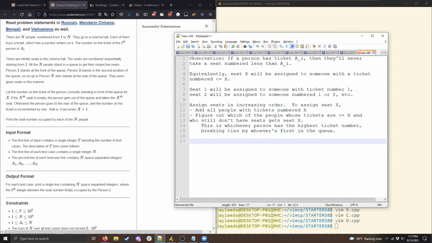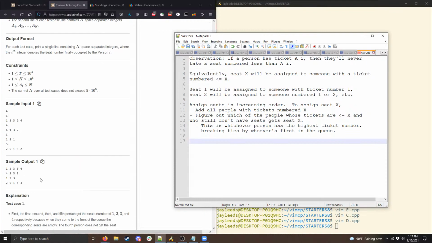And so I'll show you how this works on one of the sample test cases. Let's look at the first sample test case. We have 1, 2, 3, 2, 4. So when we assign seat 1, this person is the only person who's eligible, so they get seat 1. When we assign seat 2, these 2 people are eligible.